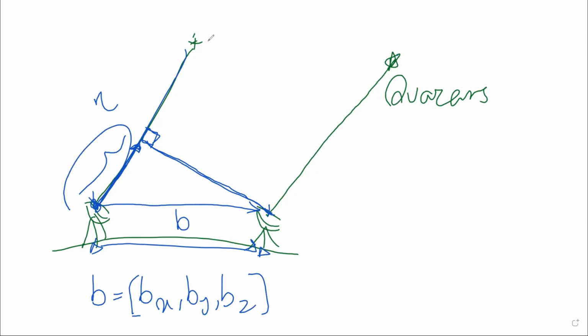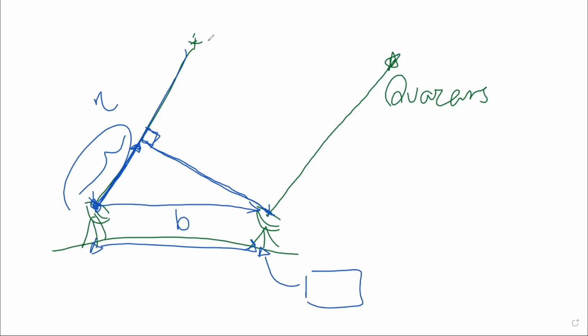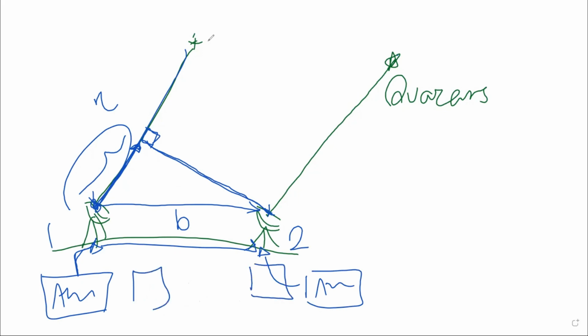For example, I have an atomic clock here and an atomic clock here, and I measure the time difference: when the signal comes to radio telescope 1 and when it comes to radio telescope 2. The atomic time is measured and the signal is registered at both.